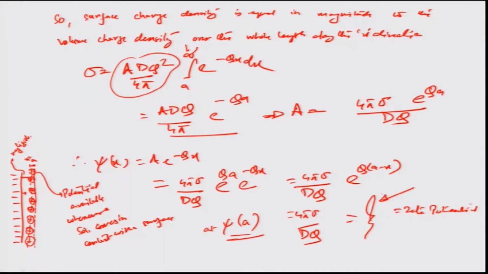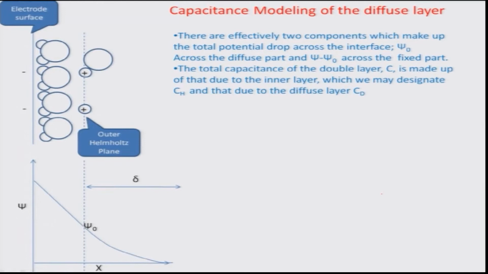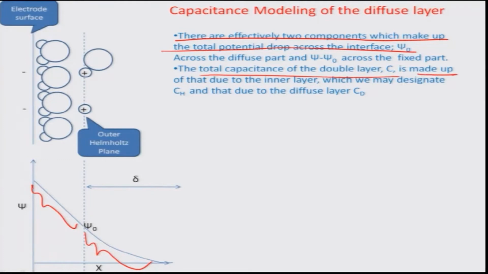Again, if we look at it, there are effectively two components which make up the total potential drop across the interface. There is a potential drop in the Helmholtz layer, and then a drop in the diffuse layer. If we look at this model as a capacitance model, we would have the total capacitance of the double layer C made up of that due to the inner layer, which we designate as the Helmholtz layer CH, and that due to the diffuse layer, which we designate as CD.